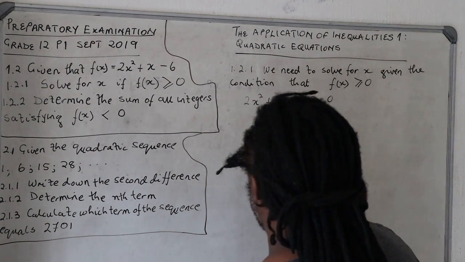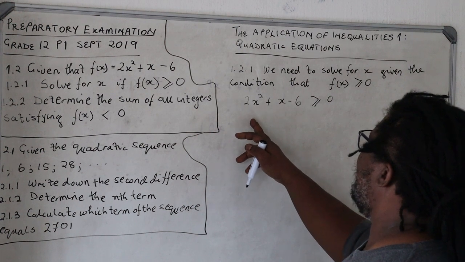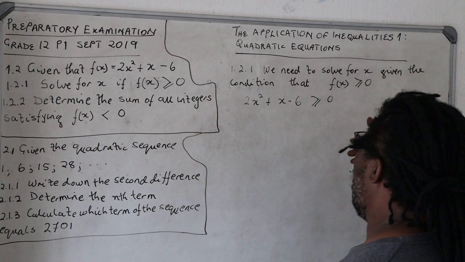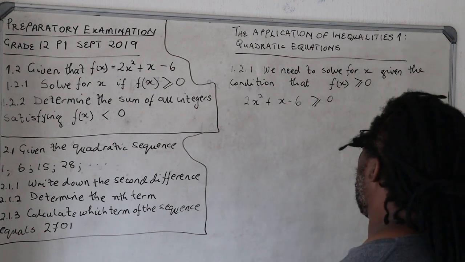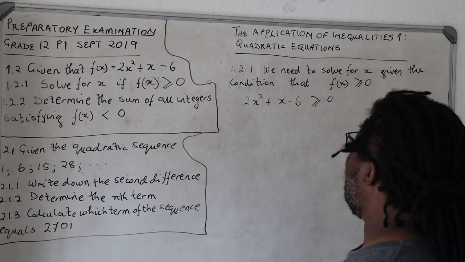Instead of solving this as a normal quadratic equation, where we would say 2x squared plus x minus 6 is equal to 0, and then factorize and get the values of x, in this case we solve it as an inequality.